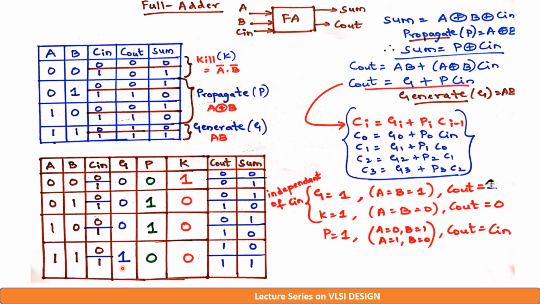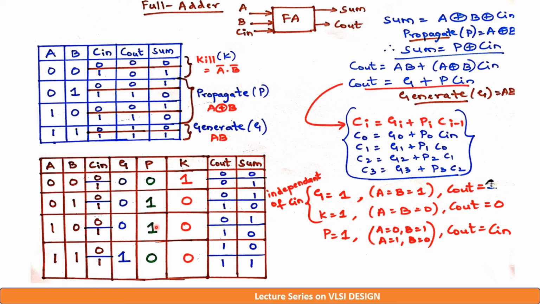When generate is 1, it means A is 1, B is 1. Generate 1 means carry is generated, therefore Cout is 1. If kill is 1, there is no generation of carry, so Cout is 0. Kill 1 indicates A is 0, B is 0.